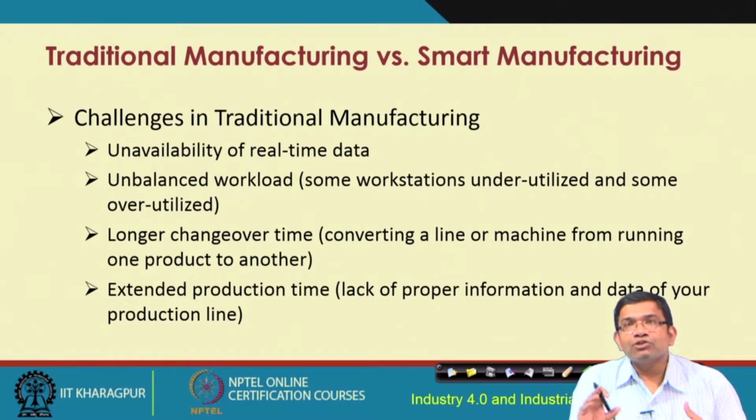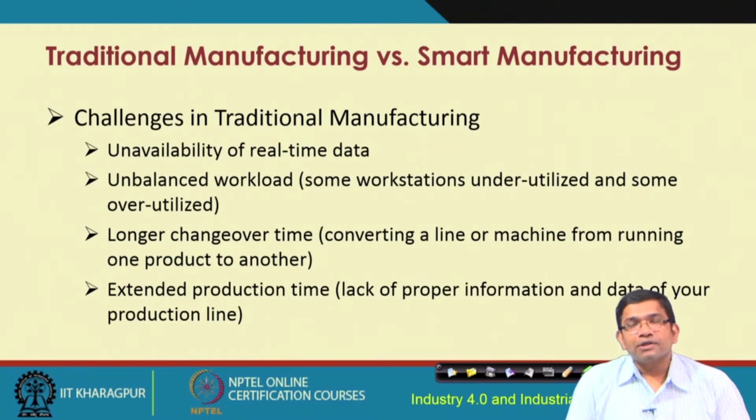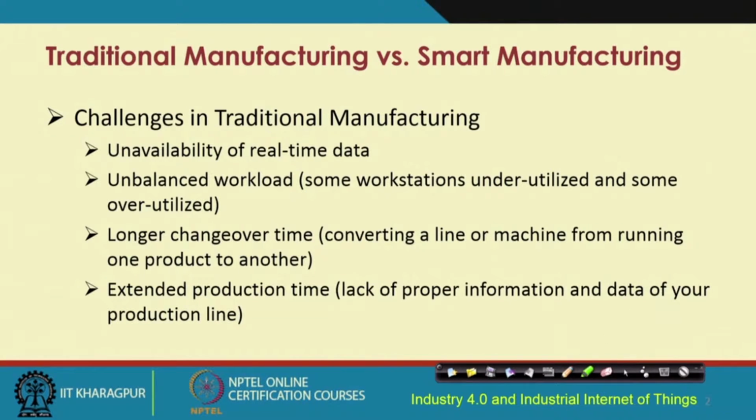Whenever this changeover had to happen, it used to take much longer. That is the traditional manufacturing, the drawbacks of it. The other challenge with traditional manufacturing was that the production time itself used to be much more extended. This is because of lack of proper information and data of the production line.